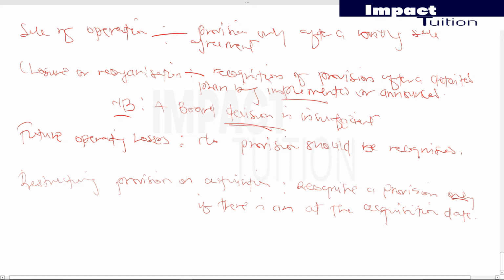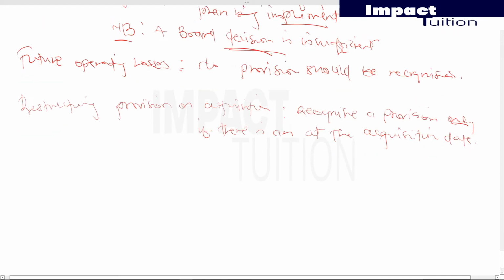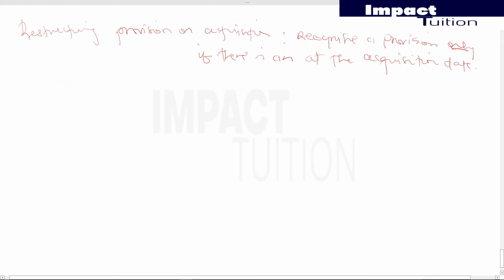I think we'll continue with the disclosure and then we close our discussion on provisions. So what should we disclose?